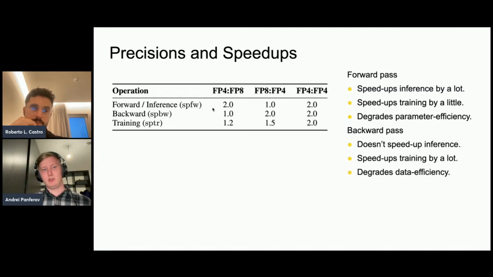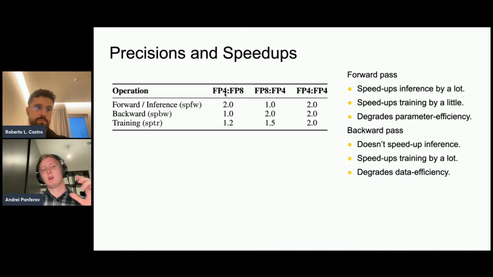Here we can see a simple table that shows what the forward, backward, and training speedups would be under an ideal model. If going from FP4 to FP8 was a 2x speedup, for a certain forward and backward pass precision, what would be the speedup of this mixed scheme compared to FP8?